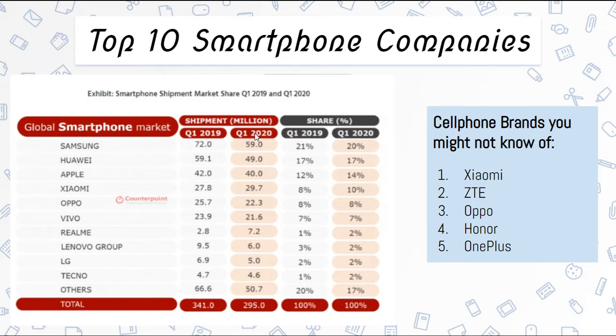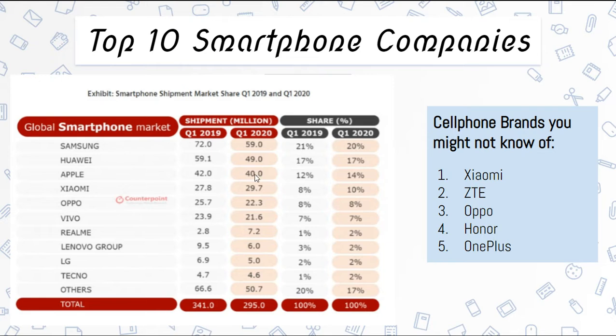That would have had a big effect on sales: borders shutting down, airplanes stopping from flying, so products were not able to be shipped around the world. But they're still top. Samsung, Huawei, they have overtaken Apple in the last few years. Apple always used to be second, and Huawei is now sitting at 49 million units, Apple at 40.